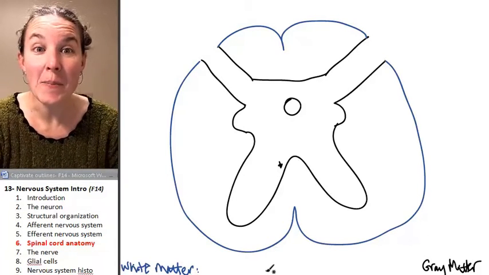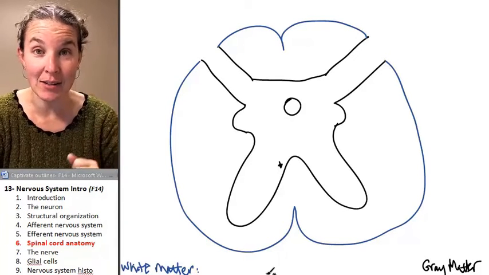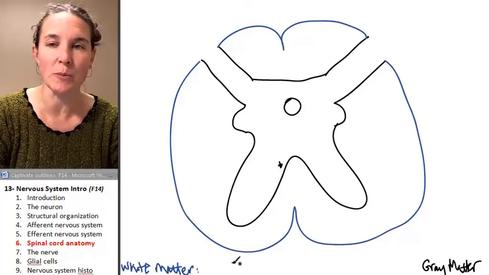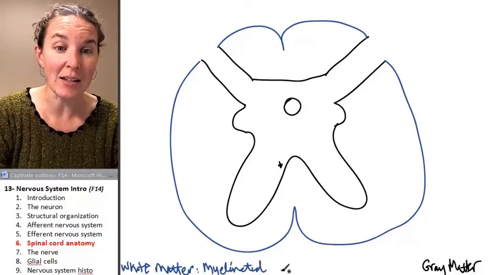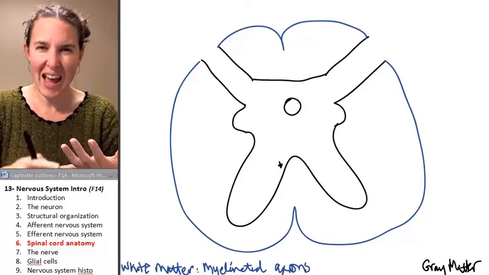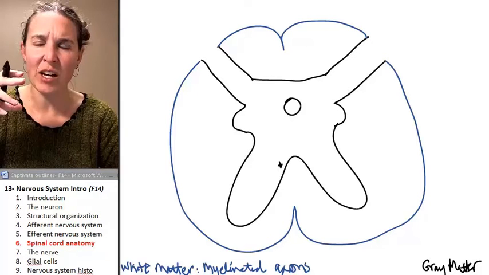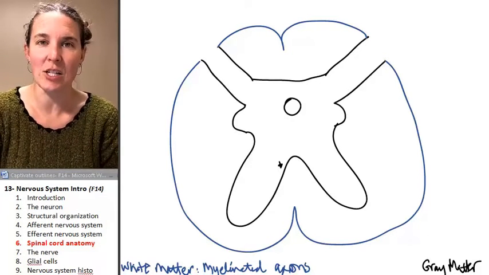White matter is mostly myelinated axons. That's what's making up most of this white matter tissue. And so myelinated axons, remember that myelin was that fatty covering over the axons that formed those kind of bubbly things that was like insulation.